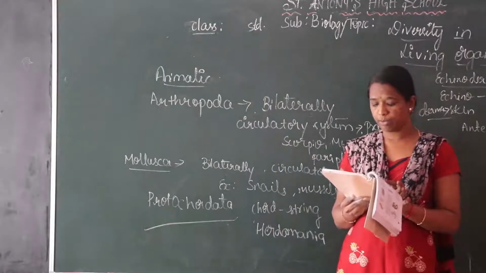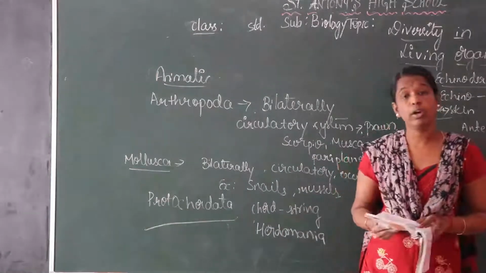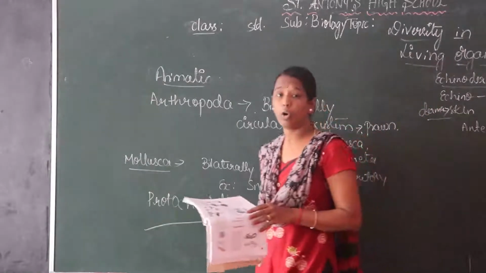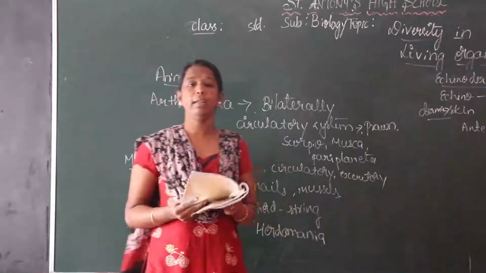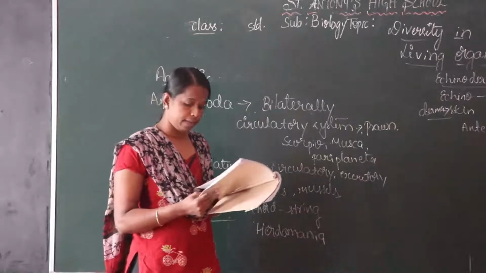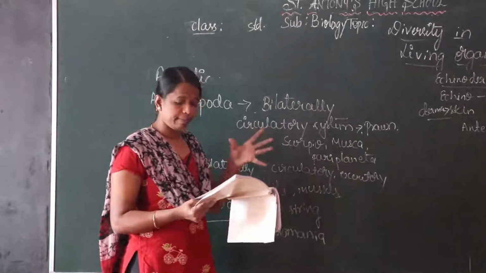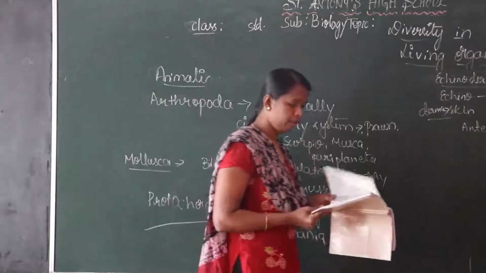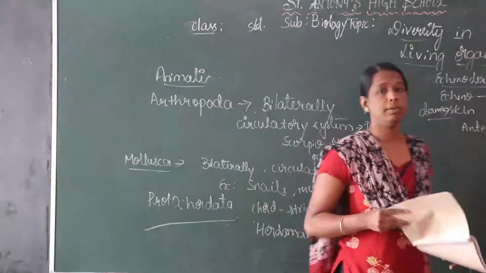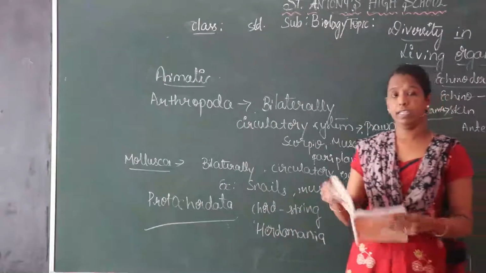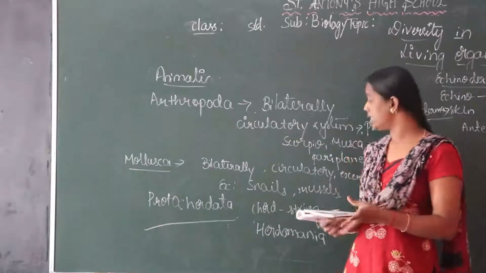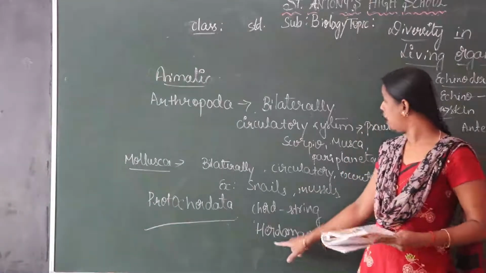Protochordates may only have a proper notochord. Notochord means a long tail-like structure. It helps on the back side of the animals and separates the nervous system from the gut of the animal.